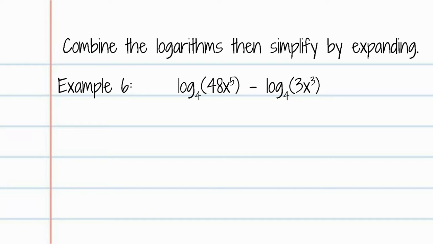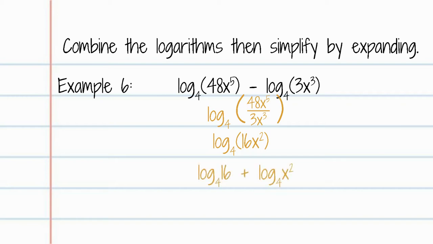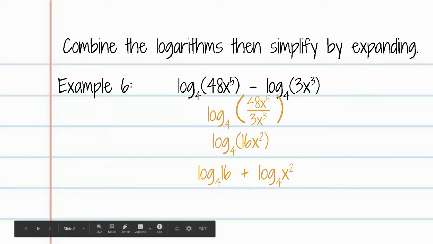But what ends up happening is, since these are being subtracted, we're going to divide 48x to the 5th by 3x cubed. And it's going to keep the base 4 in there. Well, 48 divided by 3 is 16. When we divide, we subtract these 2 exponents. 5 minus 3 is 2. And now I can separate the log into log base 4 of 16 and log base 4 of x squared, adding because these are being multiplied.